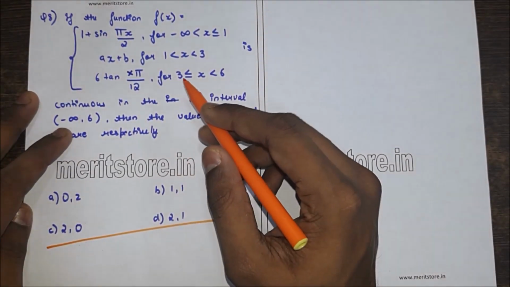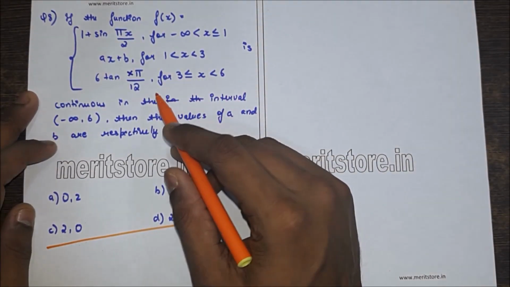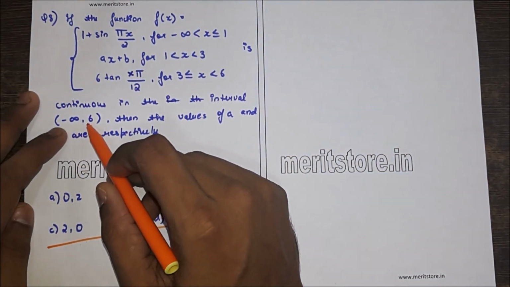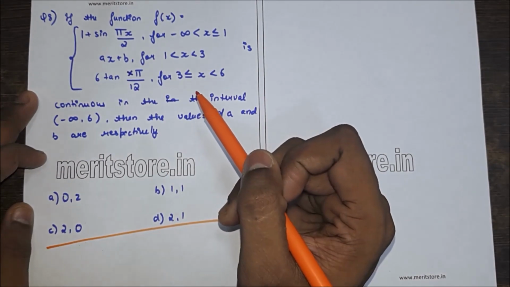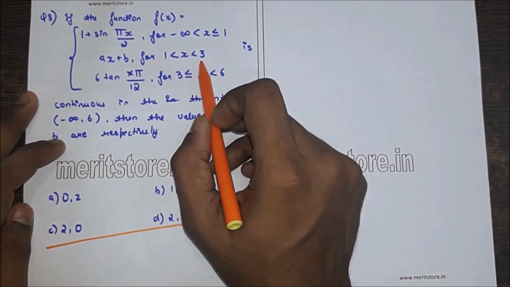The given function is continuous at all points from minus infinity to 6, and at x equal to 1 and x equal to 3 the function is continuous.